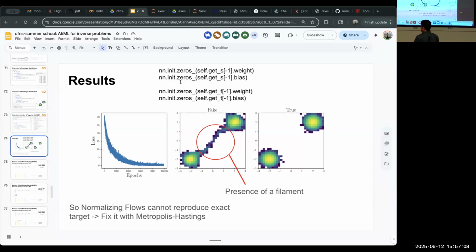But if it's the last layer, like you wrote here, you start at X, then you go Y1, Y2, Y3, Y4. So if the weights and biases of the last layer of S and T are 0, the output of S and T are also 0. Recall that by construction, the last layer will be the input features multiplied by the weight matrix plus the bias.